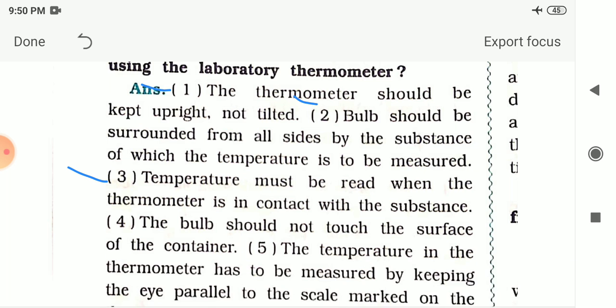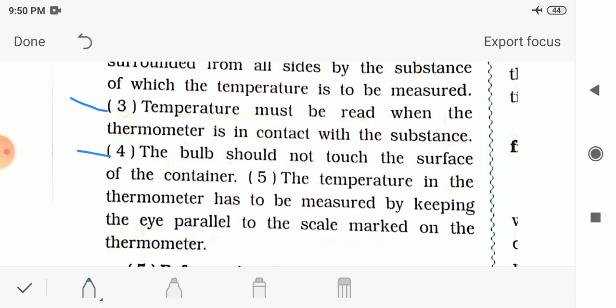Next precaution is, the bulb should not touch the surface of the container. As we had seen, the thermometer bulb should be surrounded by the substance whose temperature you want to measure, so the bulb should not touch the surface of the container.